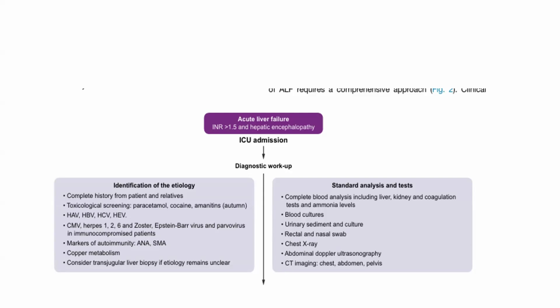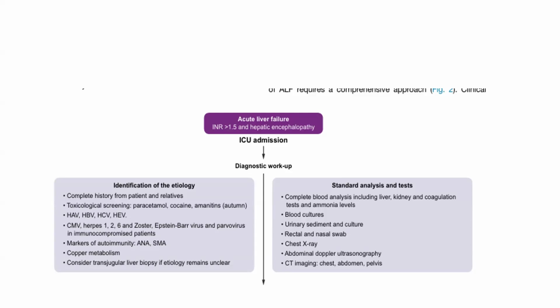For identification of the etiology, we need to send toxicological screening like paracetamol, cocaine, and amanita, HIV, HBV, HCV, HEV. Then CMV, herpes virus 1, 2, 6, EBV, parvovirus in immunocompromised patients. Then markers of autoimmunity like ANA and smooth muscle antibody, and copper metabolism.